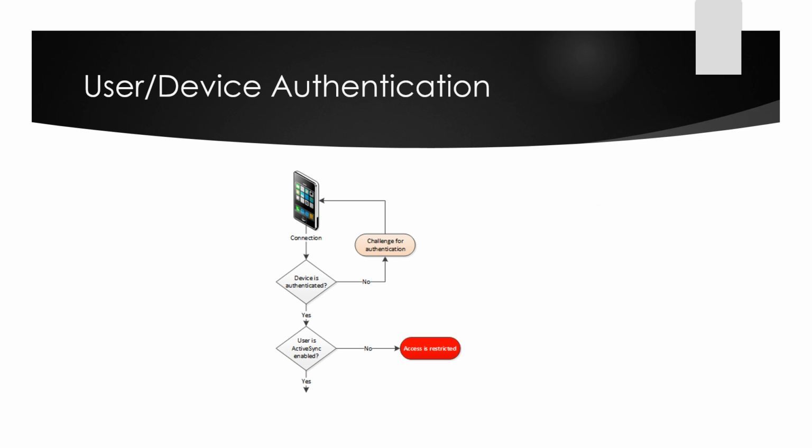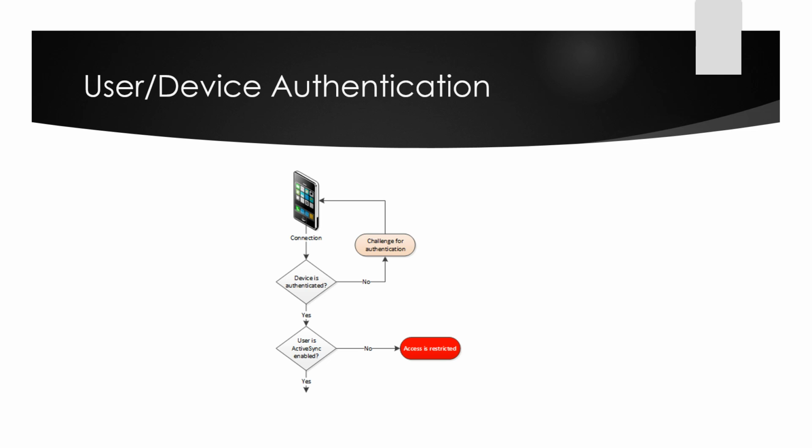The first phase is that user and device authentication. So when the device makes its connection, Exchange basically says, is the device authenticated? Now, that authentication can come via a username password challenge, or the device can present a client certificate as a way of authenticating with Exchange.